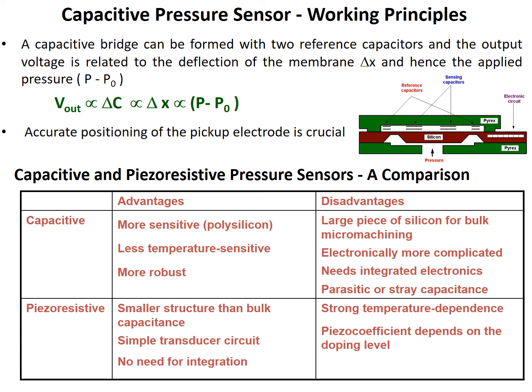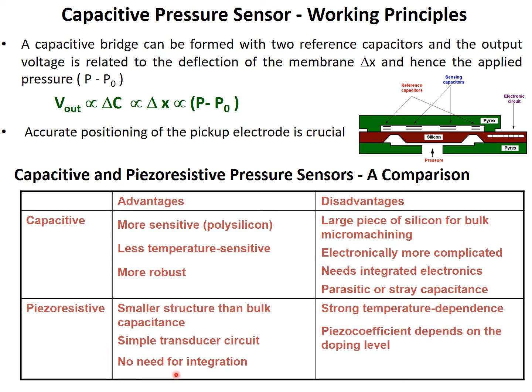Now if we look at the piezo-resistive type pressure sensors, what are the advantages of piezo-resistive? We can see this is a smaller structure than the bulk capacitive one, because the small piezo-resistors we just have to dope. Then the transducer circuit is simple; a Wheatstone bridge circuit is sufficient, whereas in case of capacitance that simple Wheatstone bridge will not suffice. So we need some dedicated capacitance conversion circuit which will avoid the effect of the parasitics as well.